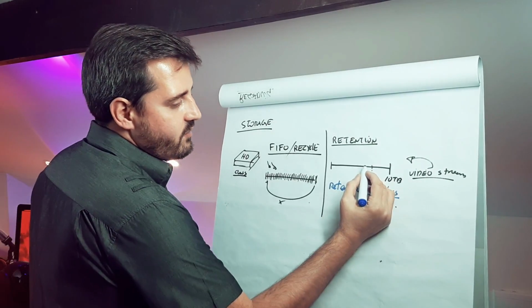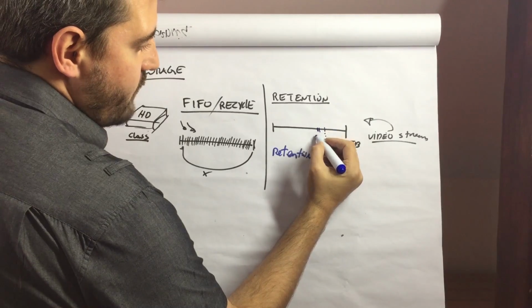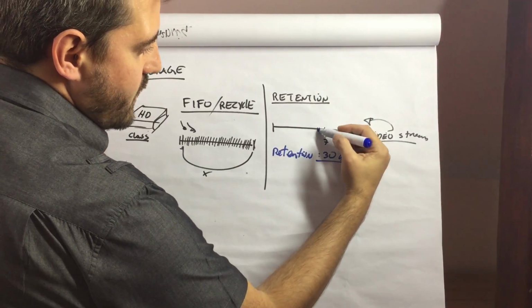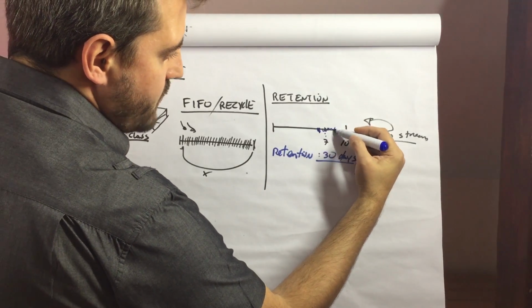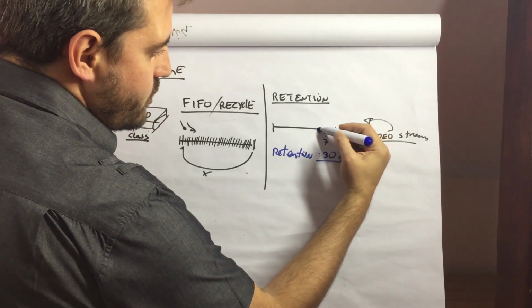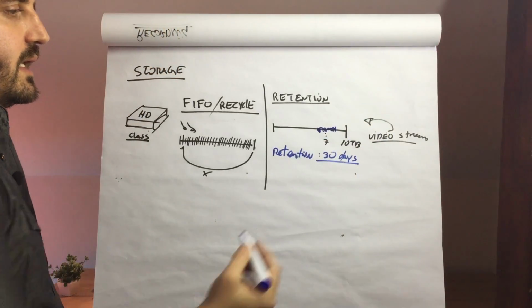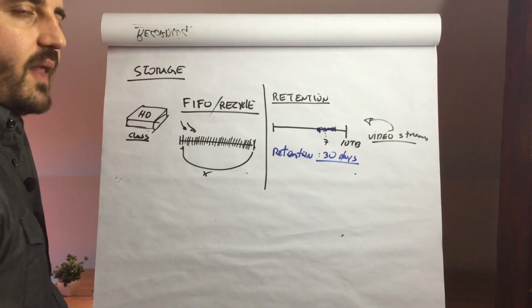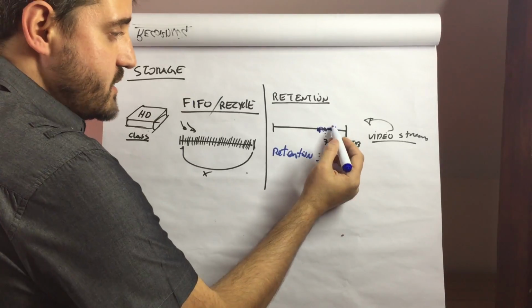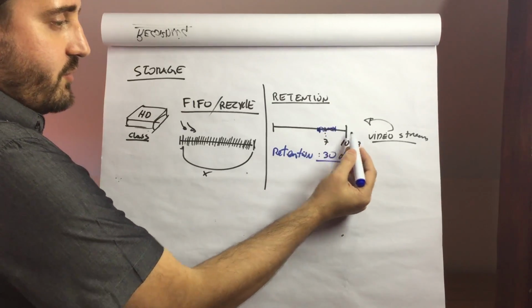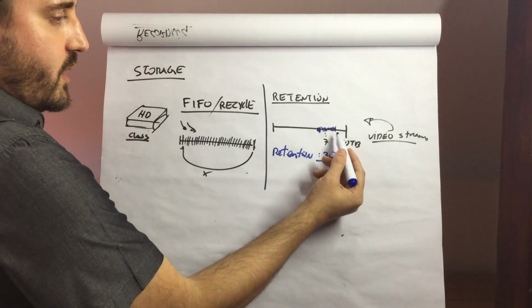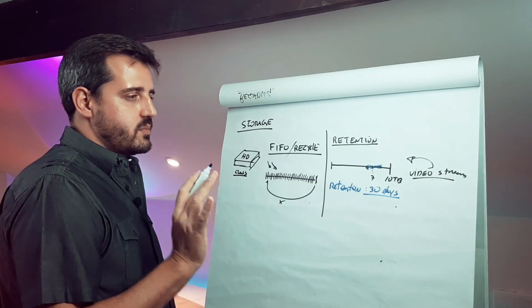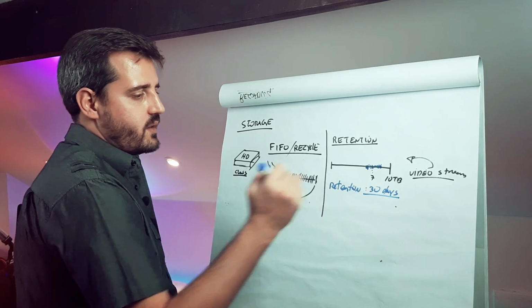So you can fluctuate between 6 terabytes or sometimes 8, around the 7. And this is good because you still have a buffer to be sure that you will still have your 30 days.